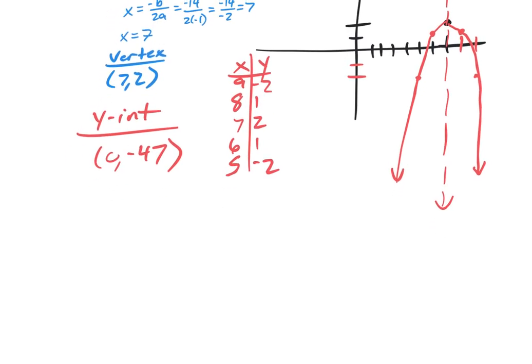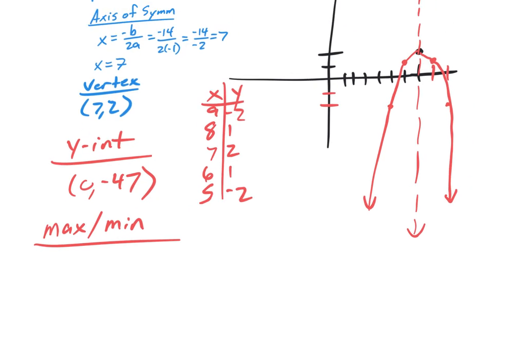Okay, a couple of other things that they're going to ask us to do today. We already talked about this one a few minutes ago. Max and min. In this case, this is a maximum, and it happens at the vertex.